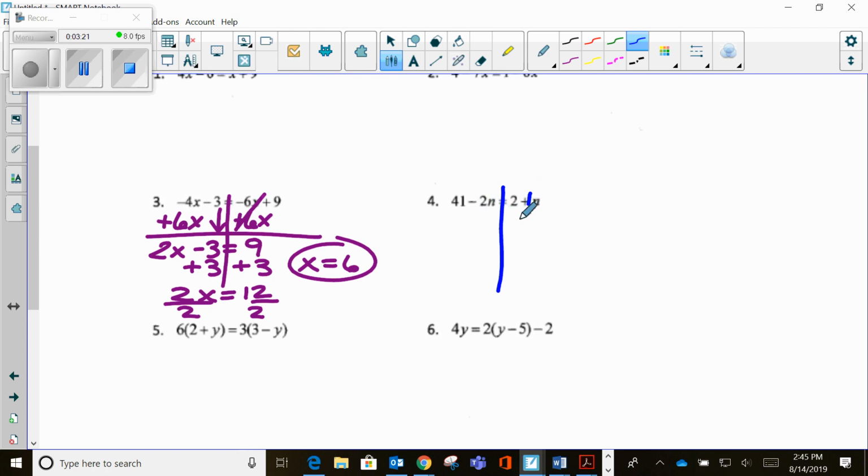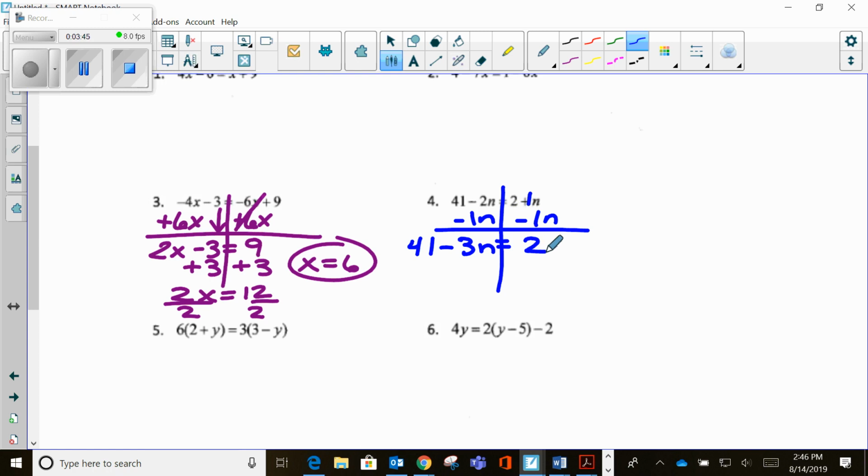So I'm going to move the 1n over to the left. I'm going to subtract 1n because that's the inverse operation. Whatever you do to one side, you have to do to the other side. So I end up with 41, a negative 2n, and a negative 1n is a negative 3n equals 2.